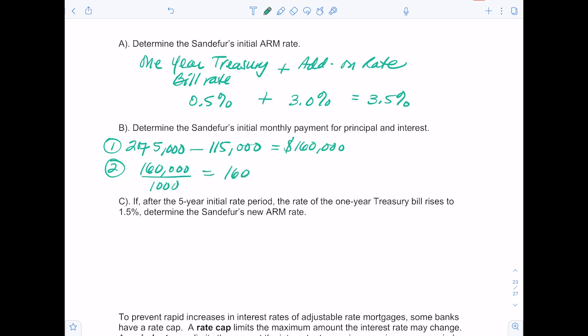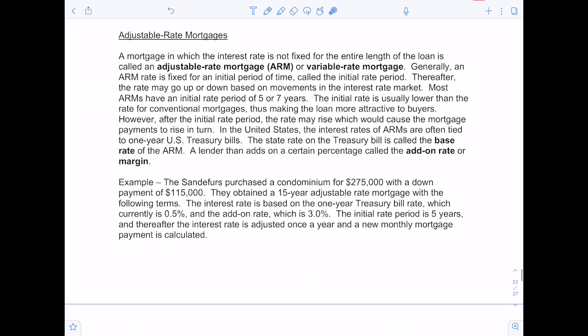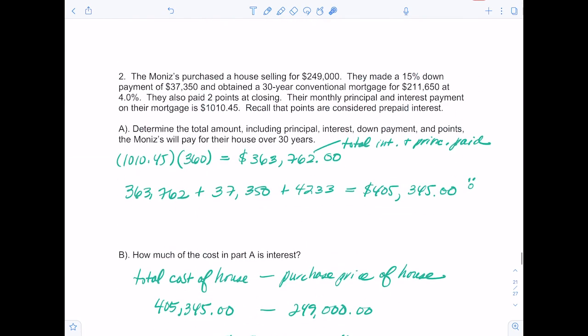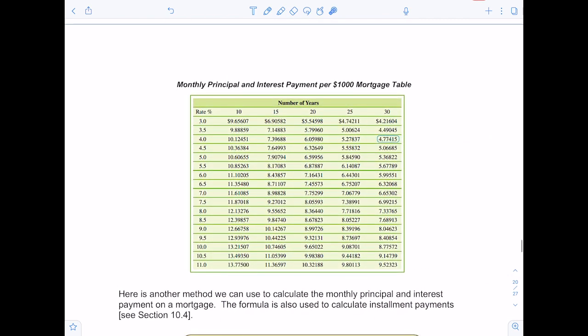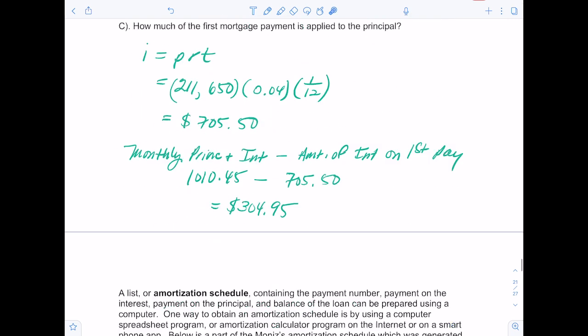Okay, and we're going to use that table now. We're looking this time for a 15-year adjustable rate mortgage, and we know that the rate is 3.5%. So going to my table, I've got 15 years, so this column, and 3.5. I'm going to multiply the number I just came up with, the 160, by 7.14883.